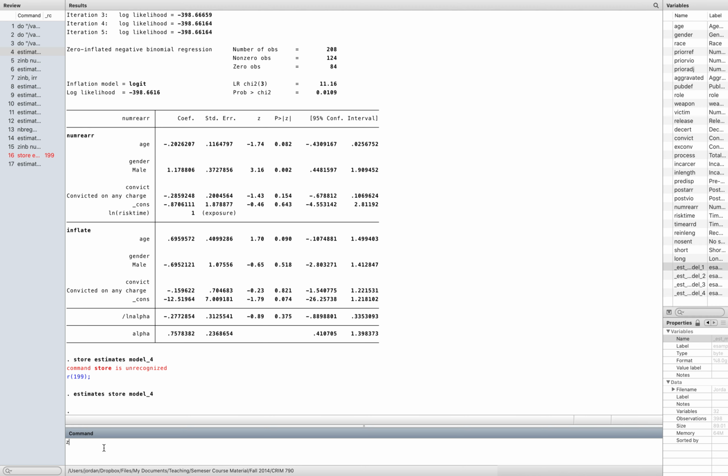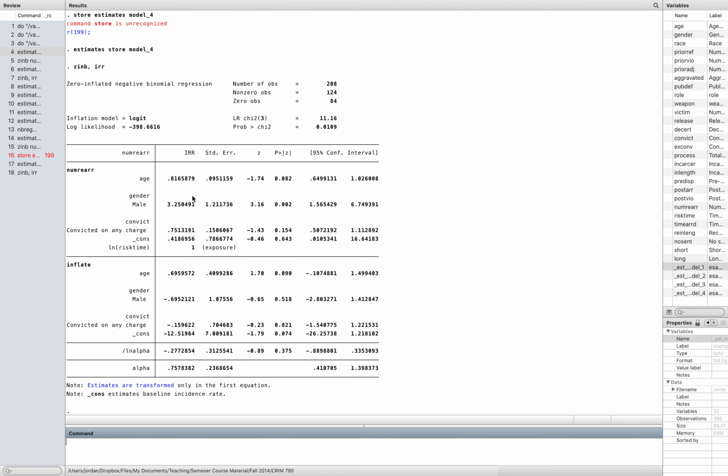If you want to do the incident rate ratios, ZINB, IRR, the incident rate ratios, interpretations are the exact same.